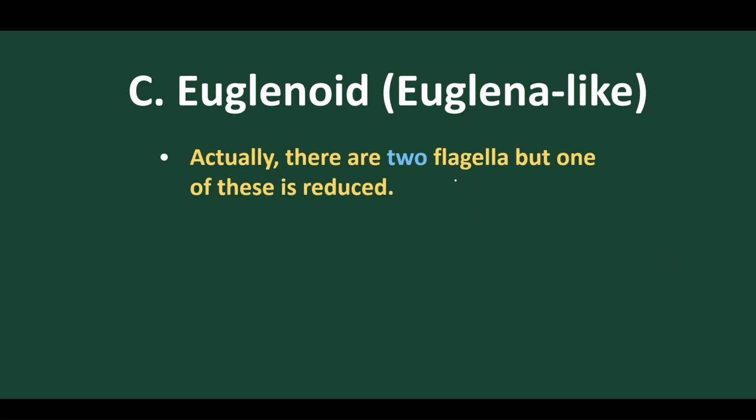Actually there are two flagella, but one of them is highly reduced. Suppose this is the mouth part, the anterior part. One flagellum moves out, but the other flagellum is very short and never comes out of the body. So two flagella are present, one coming out of the body and one within the body.